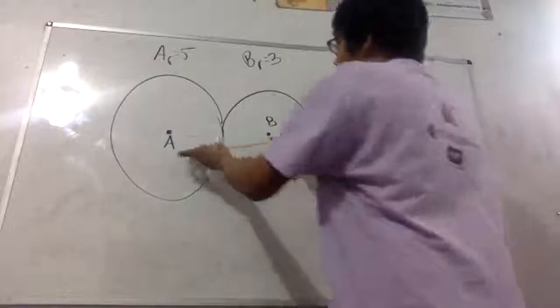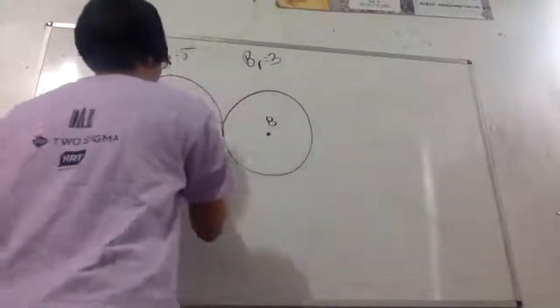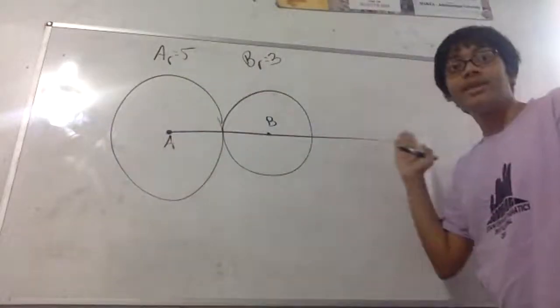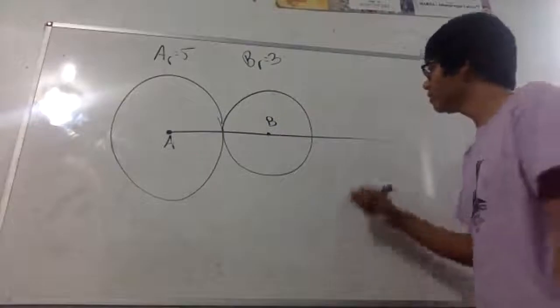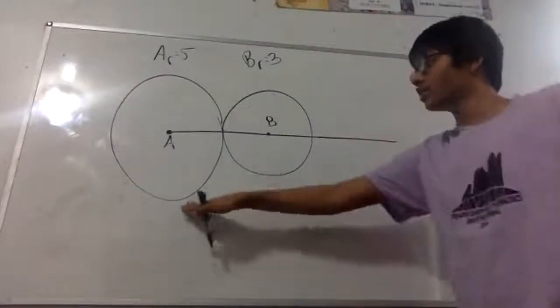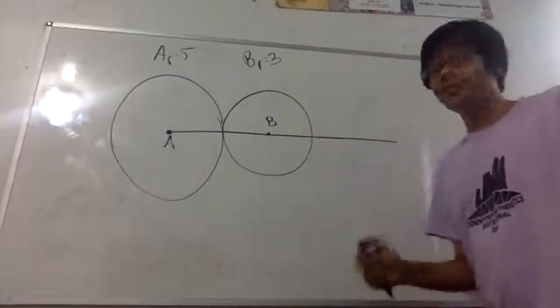Well, let's first extend this line segment AB. First, we have to draw it. Okay, so this is our line segment AB right here, and we're going to draw the line externally tangent to both of these circles right now.